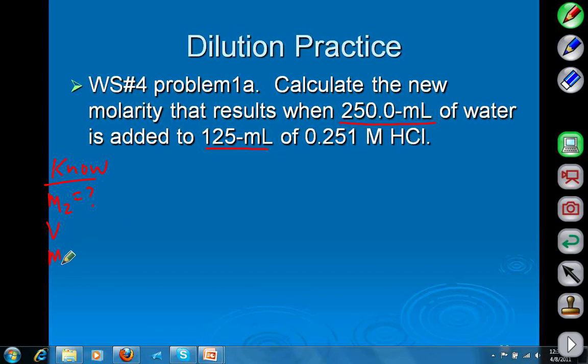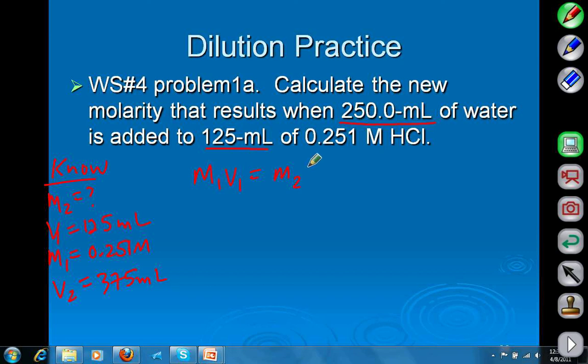I'm not sure about my volume yet, but I know my original molarity is 0.251 molar. I'm adding this to this, so this must have been the original. So V1 must be 125 milliliters, which means V2 must be the addition of those two, which is 375 milliliters. Let's hope that's what it is.